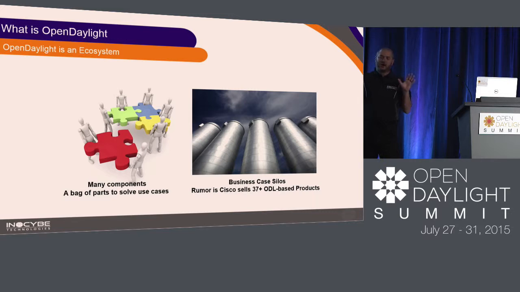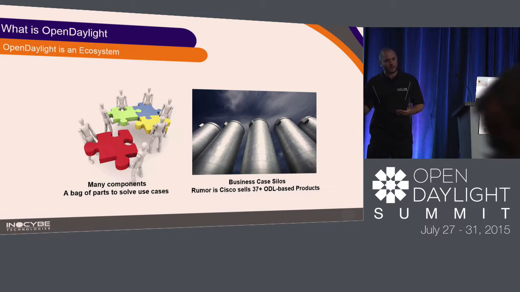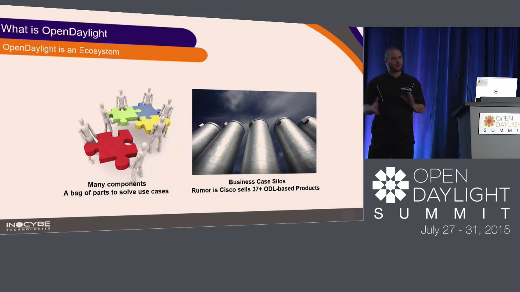But with all these projects, through the growth of the projects, you had about 20 projects in the Hydrogen release, about 23 in the Helium release, and then 43 in this release. You see that we are facing an exponential growth of new projects and new ideas and people with great endeavors coming to OpenDaylight.